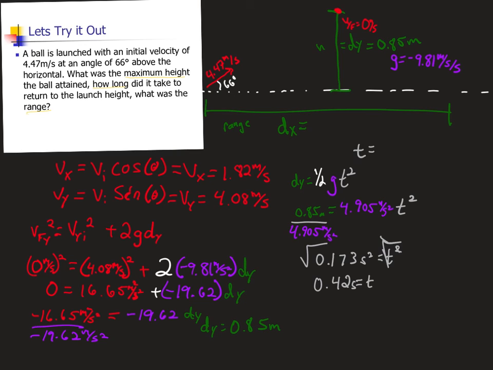Now, here's the thing, and this is where a lot of people forget: the time that we just found is to get to this point. We still need to find the time that it takes to go down to the other side, which means we have to double the time. So we multiply it by 2 to get the full time, not just the time to the maximum, but the time to the maximum and then drop back down.